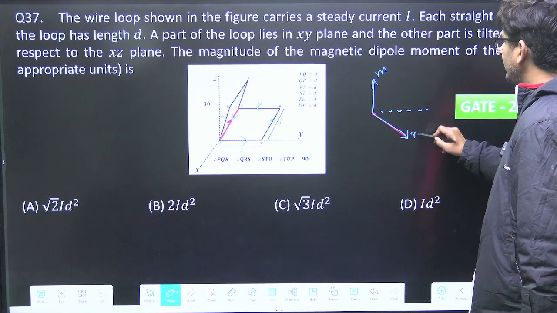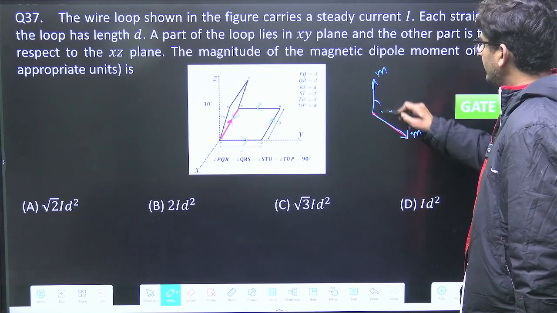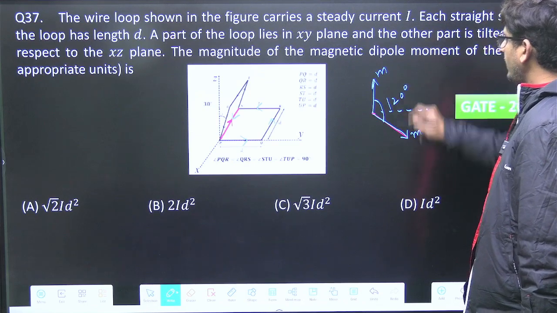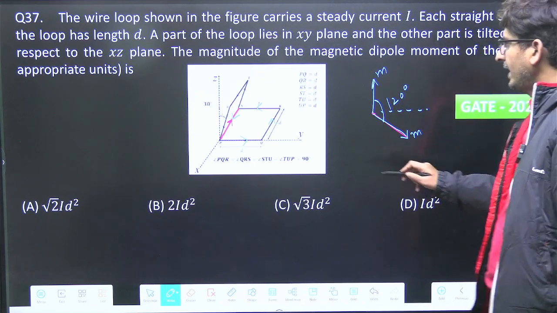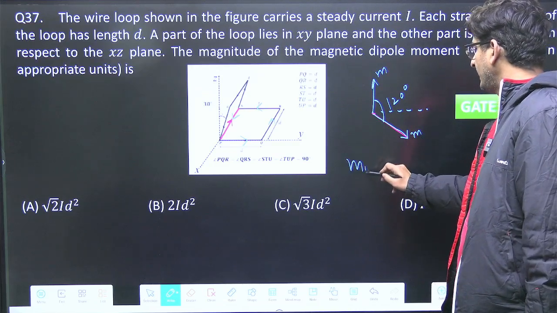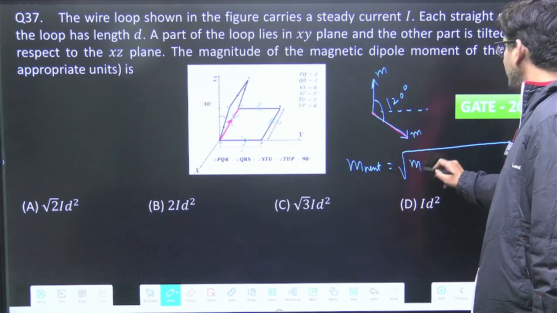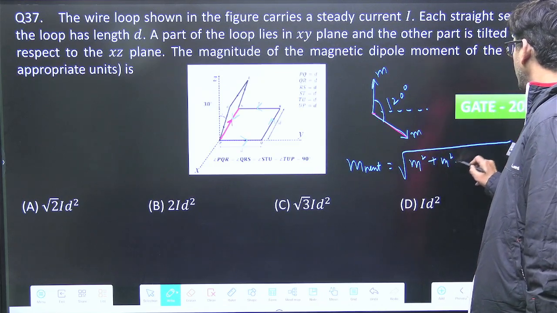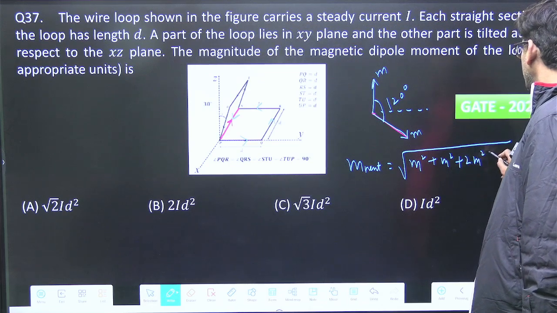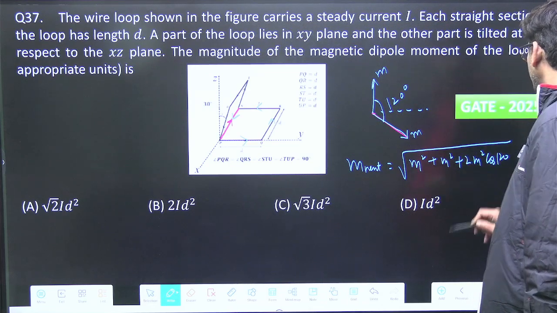So this is M. So now this angle is 120 degrees. So M net will become under root of M square plus M square plus 2M square cos 120.